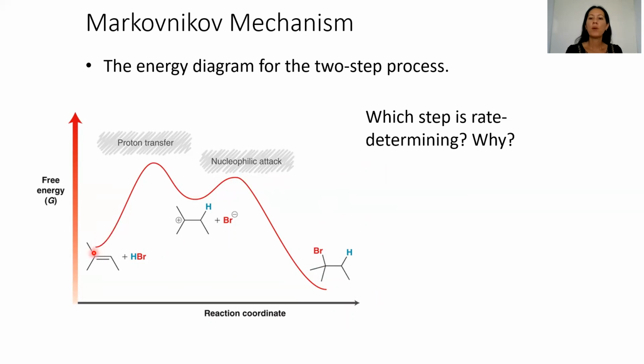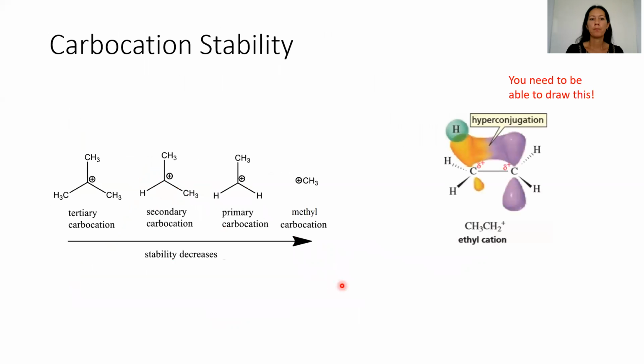If you look at these, the rate determining one is the slowest one, the one that's going to be the highest hill. So it's your first step. And it's because you're trying to generate this very reactive carbocation intermediate. Once you get here and the ions find each other, bam, very quickly it'll funnel down to the product.